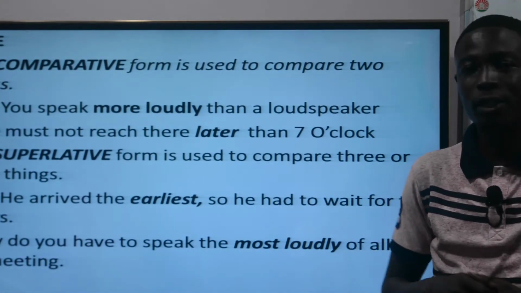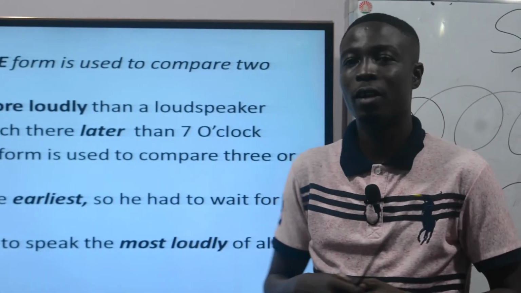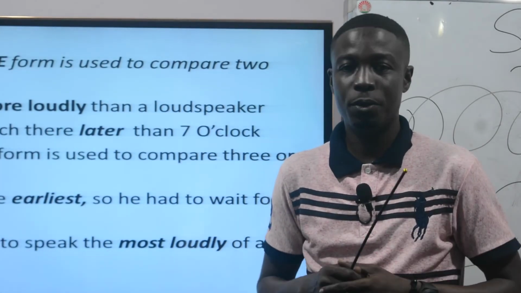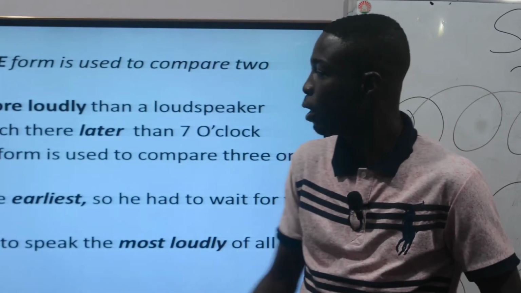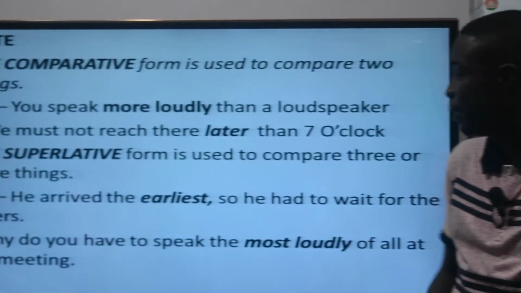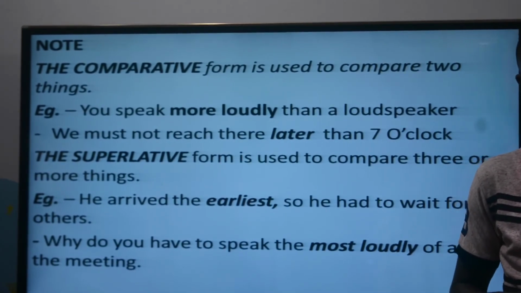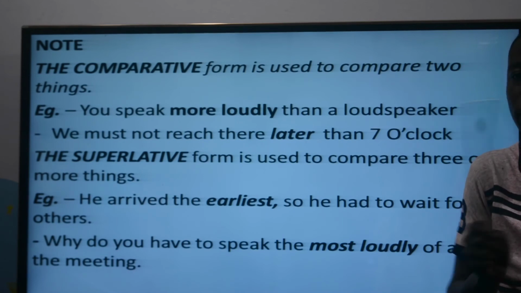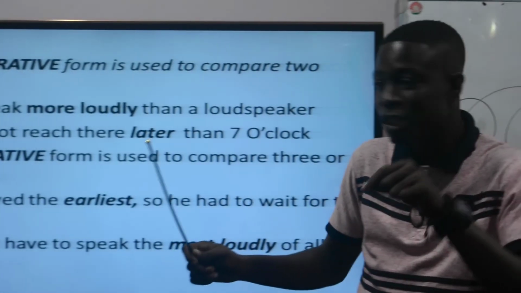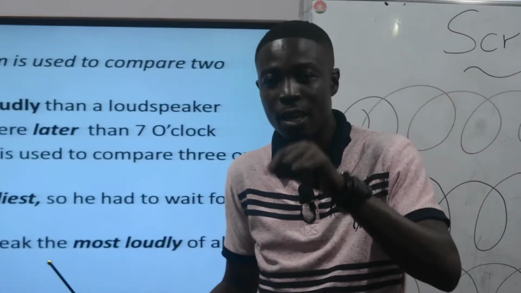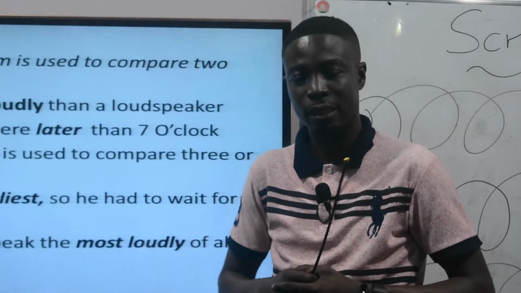I believe at this point, you've understood the comparison of adverbs. But mind you, under no circumstances should you use more or most together with the est or the er form of the adverb in one sentence.